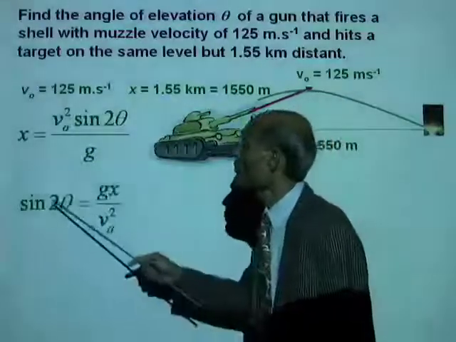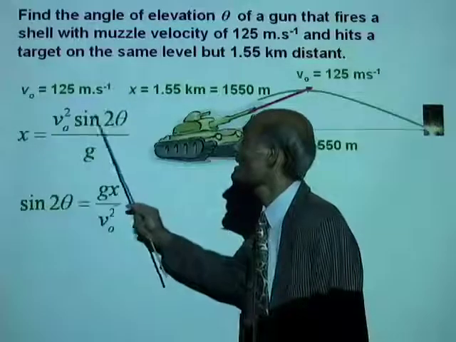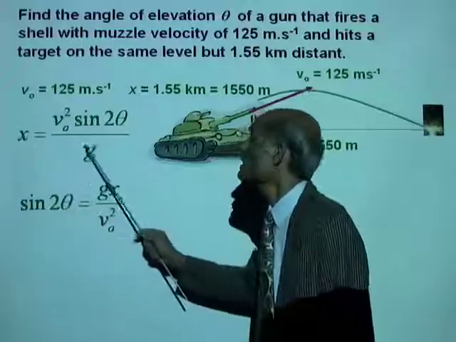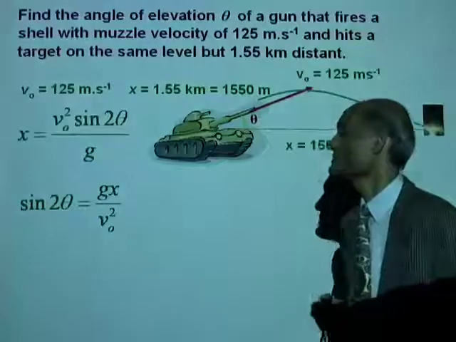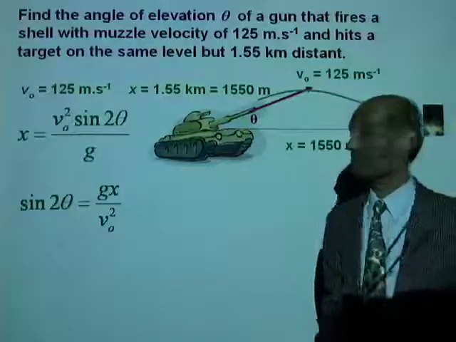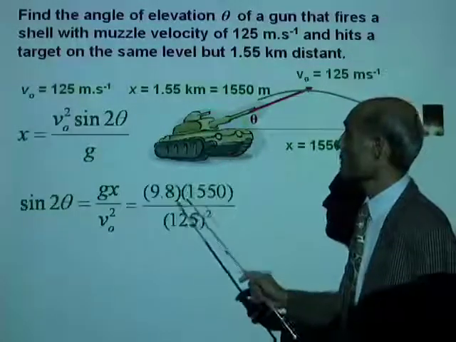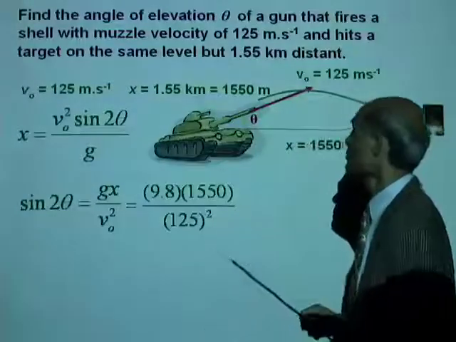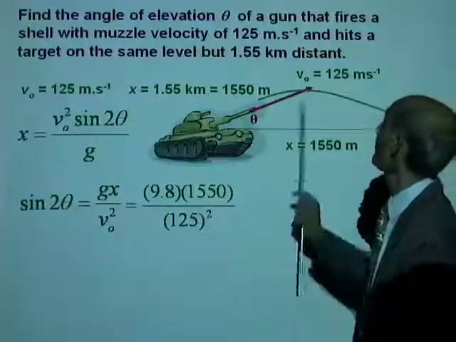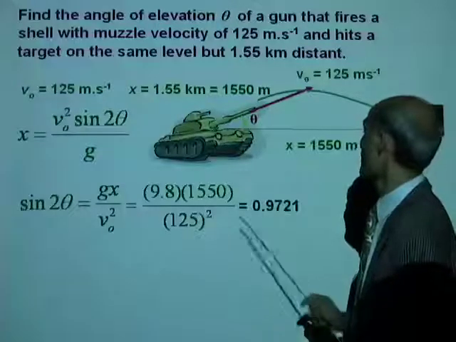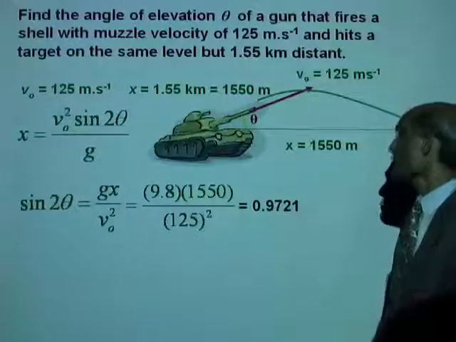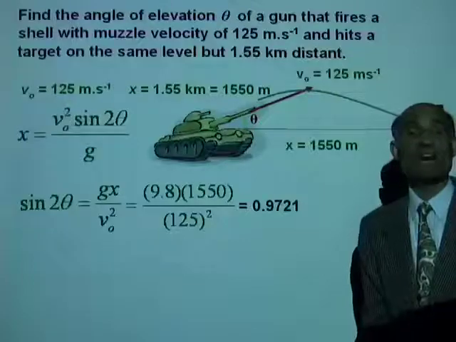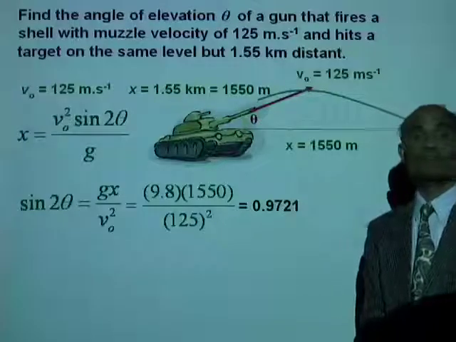Therefore, sine of 2 theta equal to xg divided by V0 squared. Now that will be, g we know, x we know, and V0 we know. All these values you know. Therefore, sine of 2 theta equal to 0.9721.